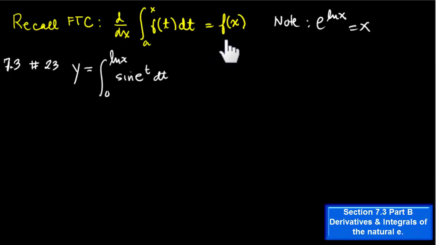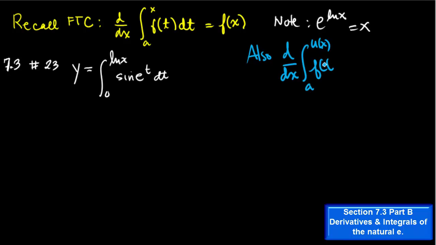So in other words, for this particular case, in addition to that, if we want to differentiate with respect to x the integral from a to u of x of f of t dt, this is just f of u, and then you multiply by the derivative of u with respect to x.